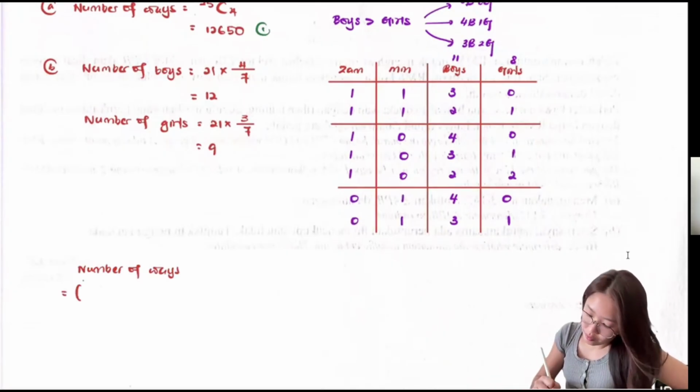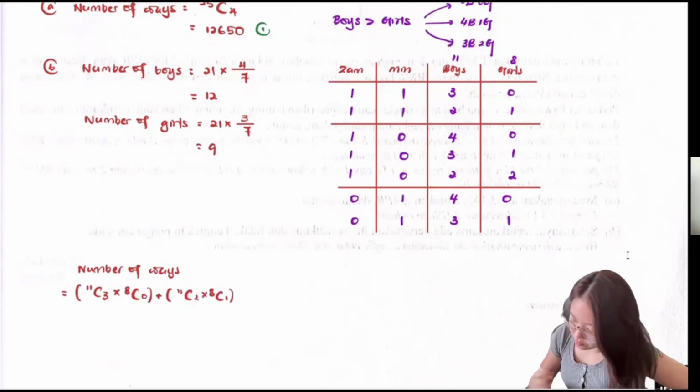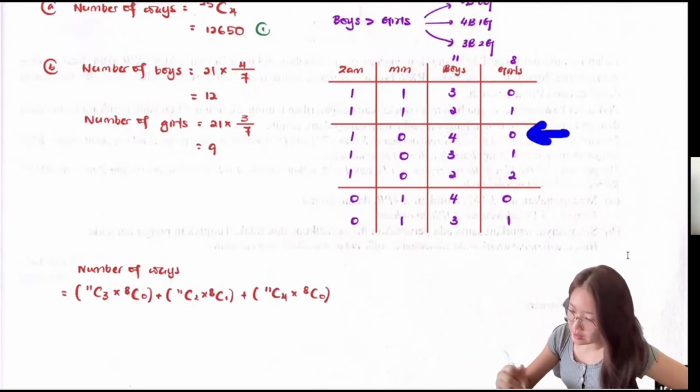So starting from the first one, 11C3, 8C0. 11C2 times 8C1. Next one, 11C4, 8C0. I'm here right now.